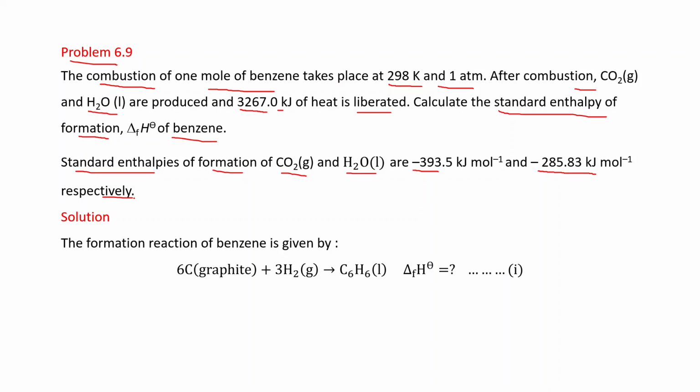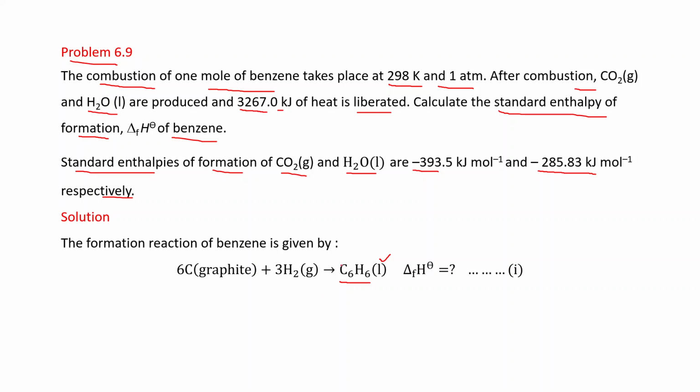Now we have to find the standard enthalpy of formation of benzene, and the formula of benzene is C6H6, and in the standard reference state this exists as a liquid. First of all, write the equation for formation of benzene. As we know, by the definition of enthalpy of formation, 1 mole of benzene is formed from its constituent elements in their reference state.